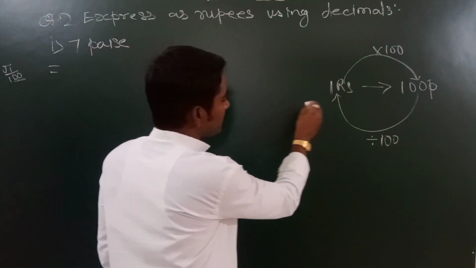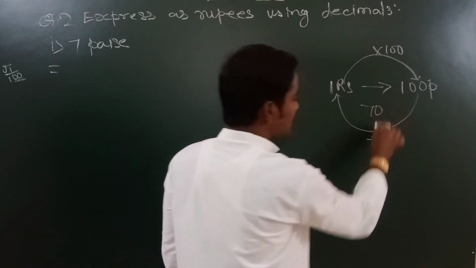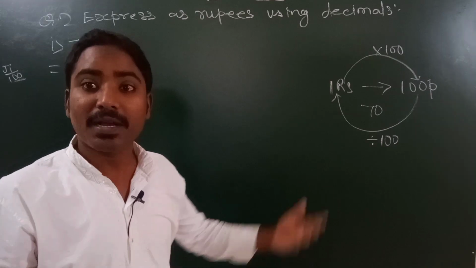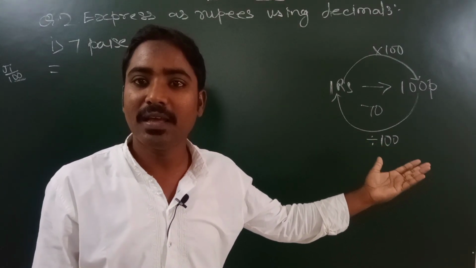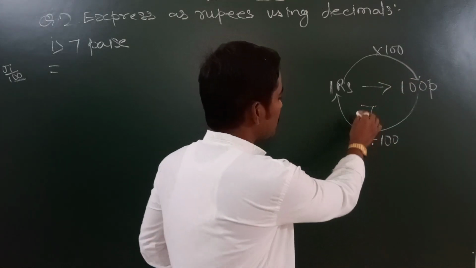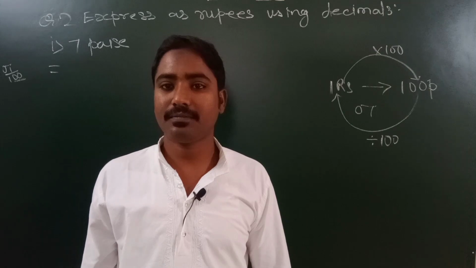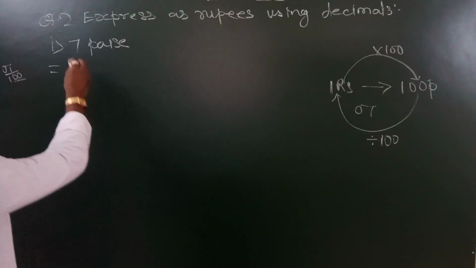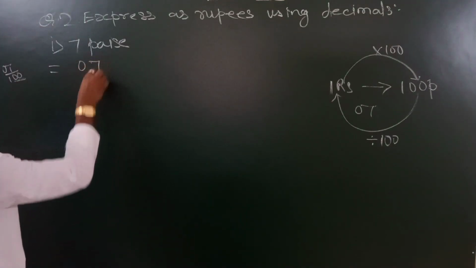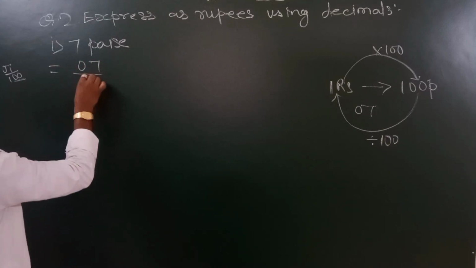Why? Because if you place 0 to the right of 7, it will become 70. It will change its value. But if you place 0 to the left, it is still 7. So first we will make it a 2-digit number, 07, and then divide it by 100.